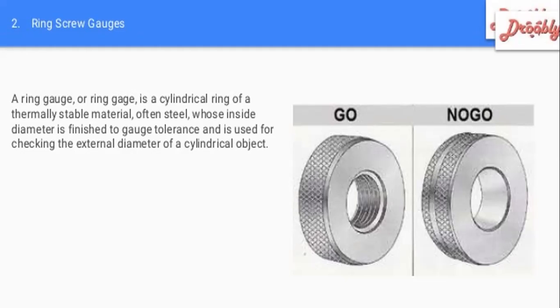So you have to take the two gauges, that is go gauge and no go gauge, for the ring type of screw gauges. So this is the ring type gauge.